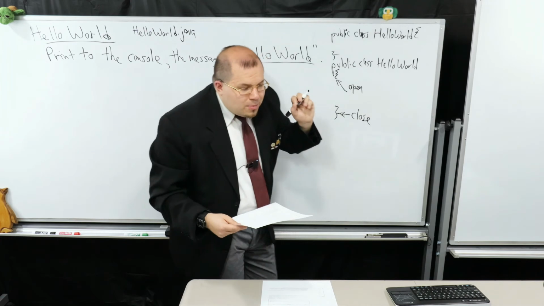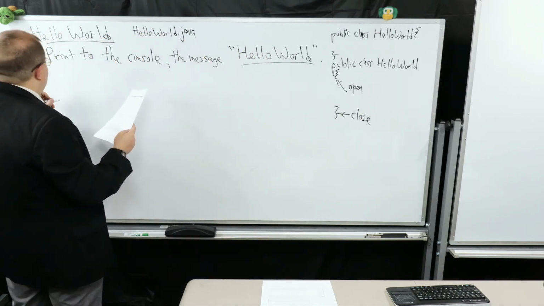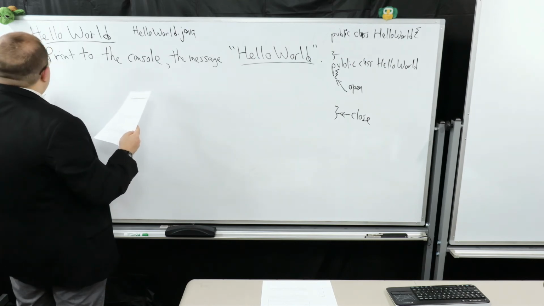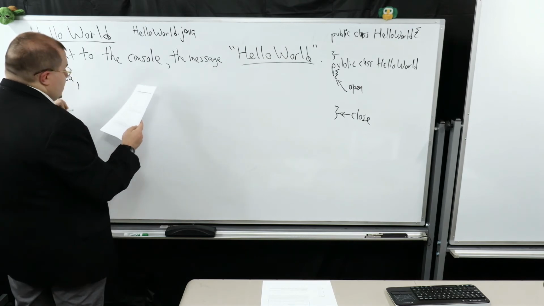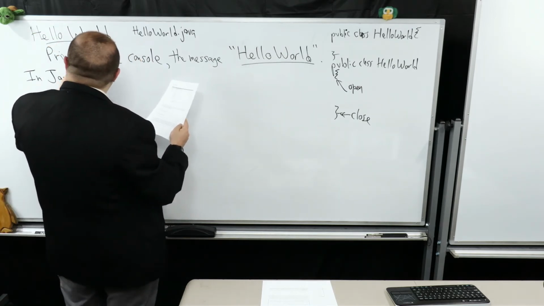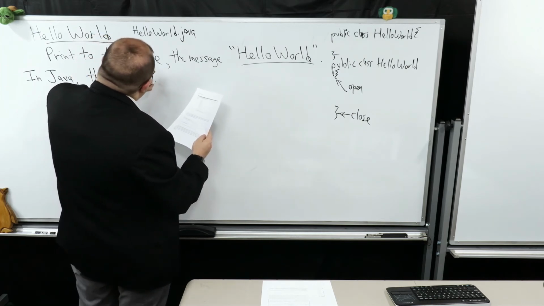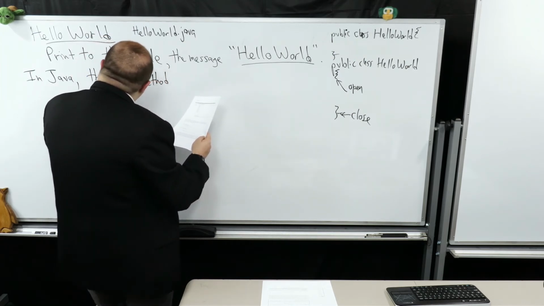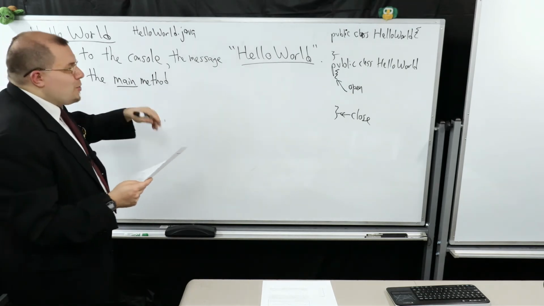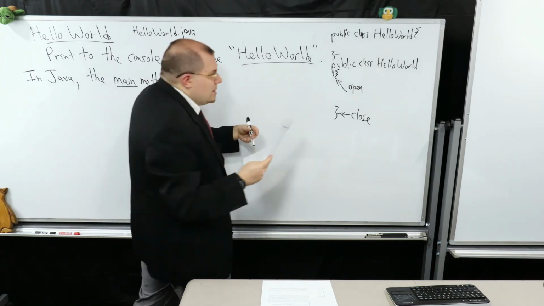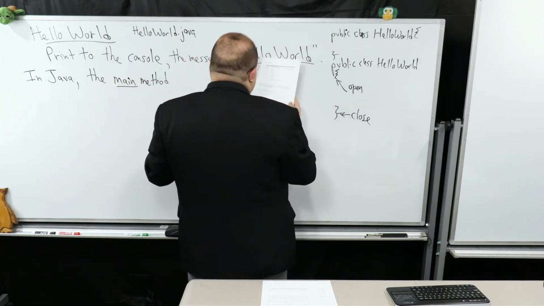Now, one of the most important things you need to be aware of in Java, and this is quite common in a lot of programming languages, is the main method. The name of this method is called main. It's a very special reserved name. So don't call your own methods main, as we're going to see, unless you want it to be this specific method.